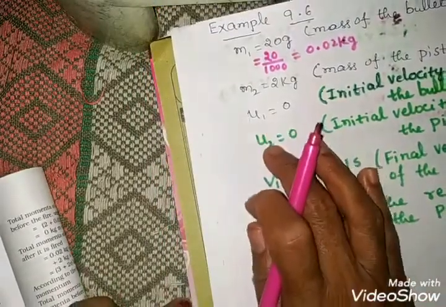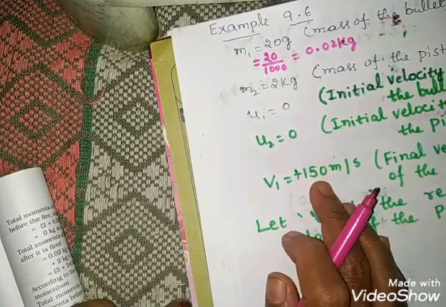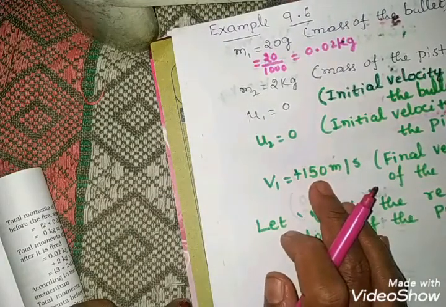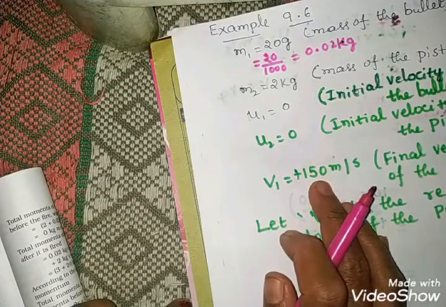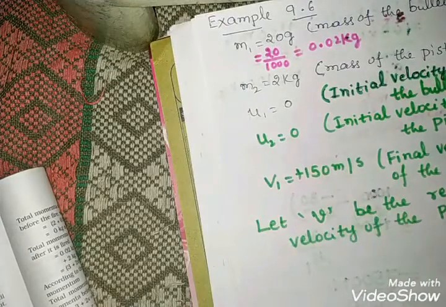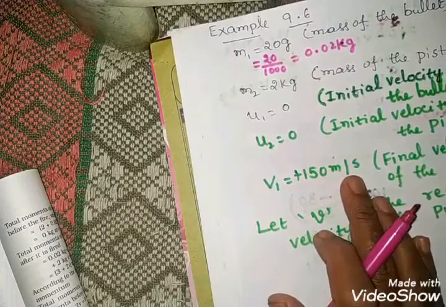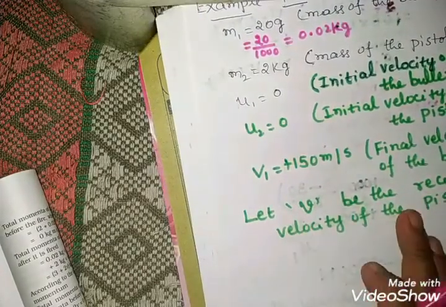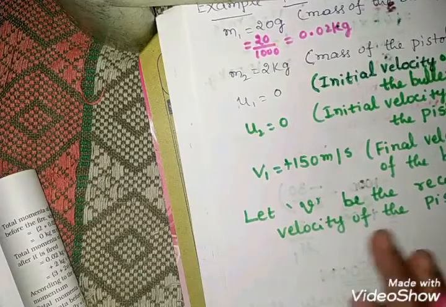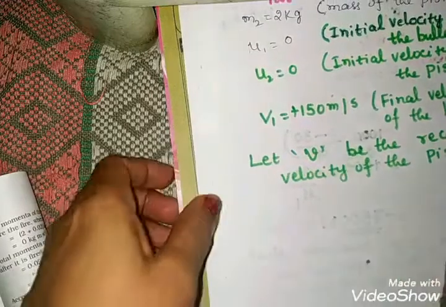V1 is the velocity of the bullet when it is fired from the gun, 150 meter per second. This is the final velocity of the bullet. Let V be the recoil velocity of the pistol, which we have to find out, children, isn't it?